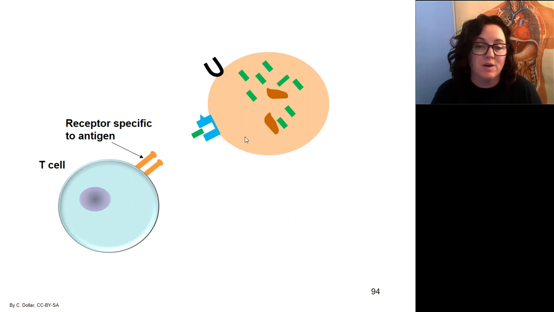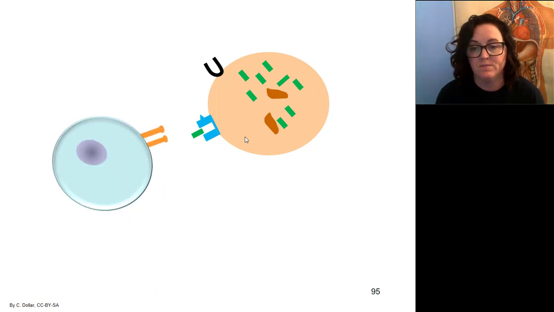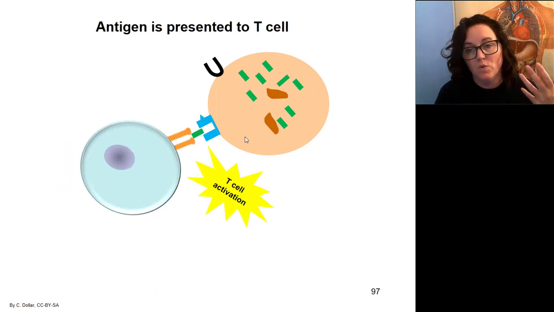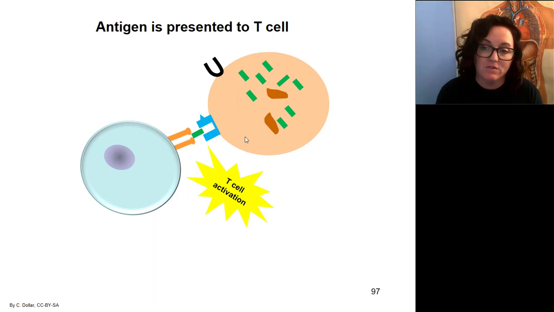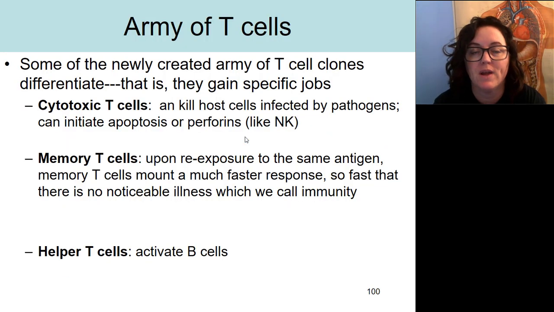The T cell has a receptor on its surface that can recognize the antigen. If there's a match between the T cell receptor and the antigen, the T cell then will become activated, and that's when we get the cloning.